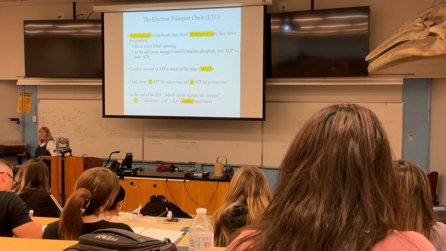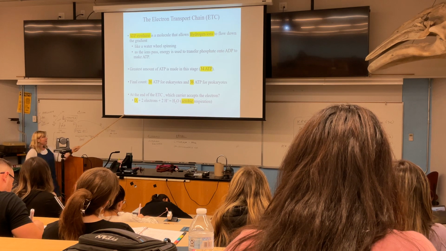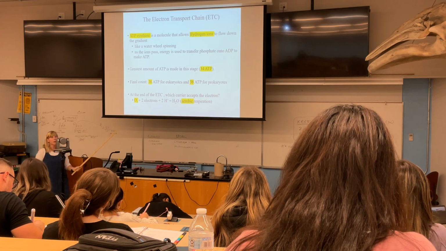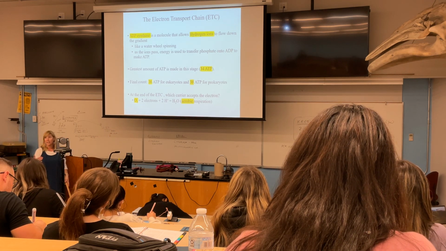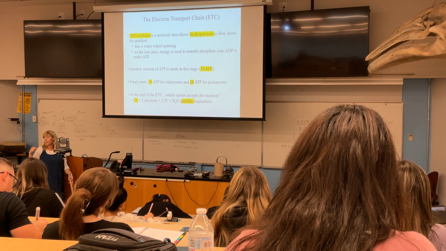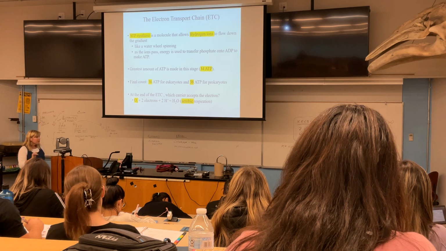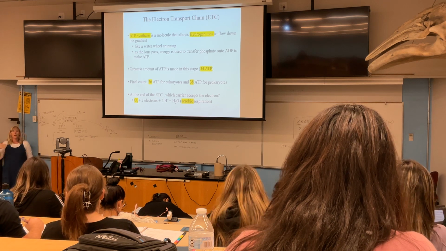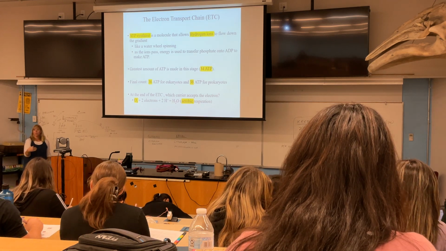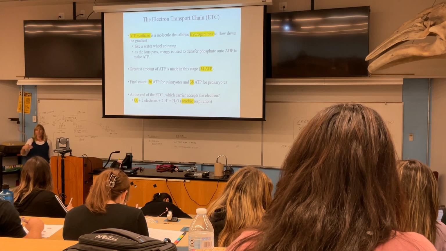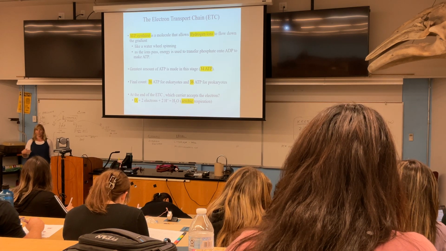Okay, at the end of the process, the final electron acceptor is the one who's really dictating how well this is going to flow. Who's our final electron acceptor? Oxygen. Excellent. So if oxygen is not present, Krebs and the electron transport chain will not occur. We get stuck in glycolysis. All right?